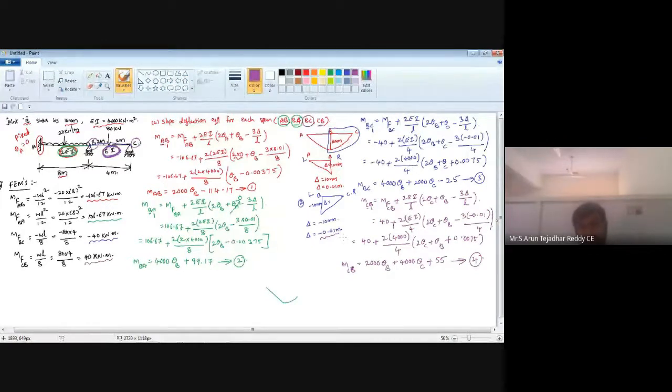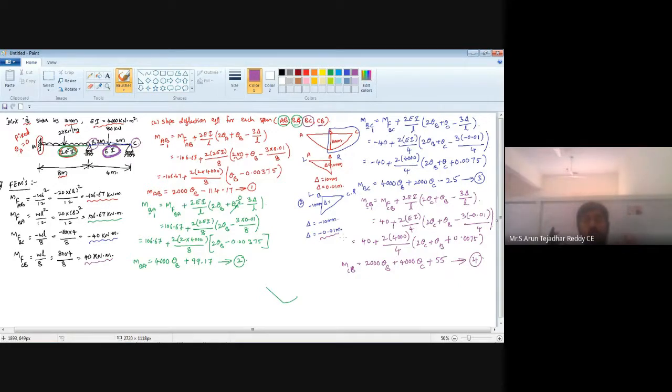That is our second step. So in the second step we got 4 equations. MAB equation number 1, MBA equation number 2, MBC equation number 3, MCB equation number 4.